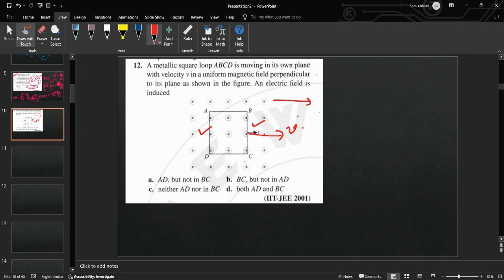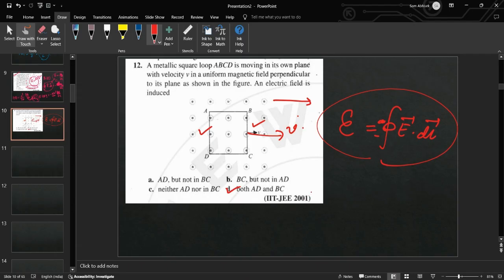AB and DC will not have EMF induced. So both AD and BC will be the answer. Hence the electric field will be there because EMF is equal to E dot dl. So this is the answer.